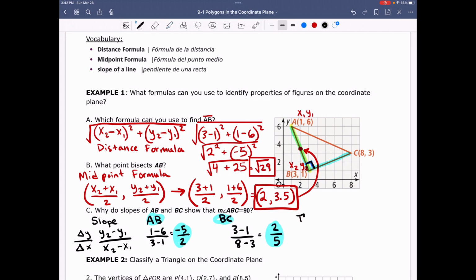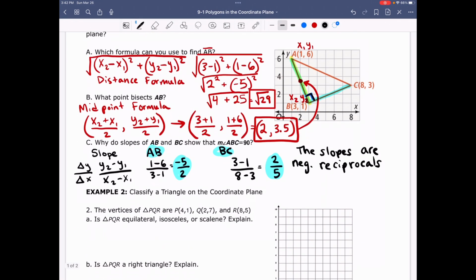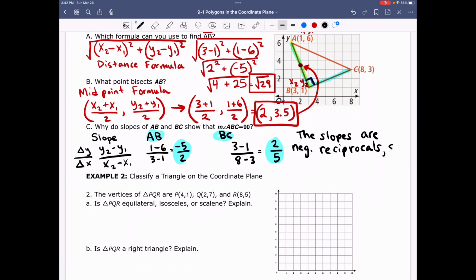So the slopes are negative reciprocals, so the lines are perpendicular, which means they're 90 degrees to each other.